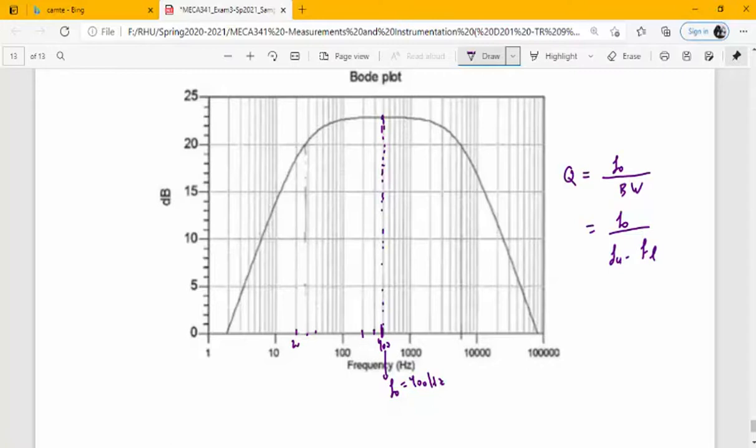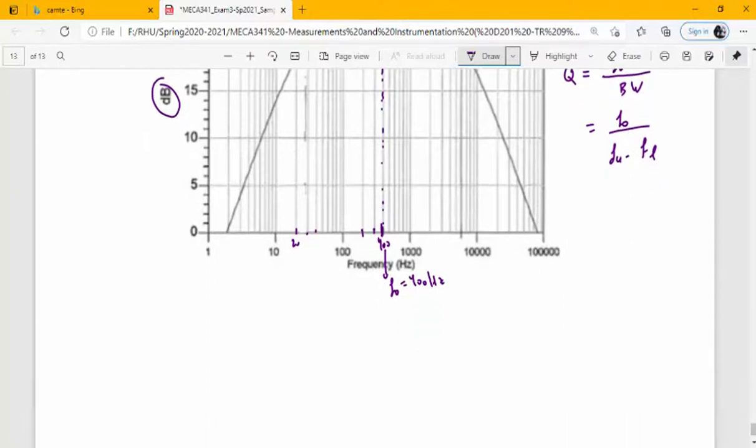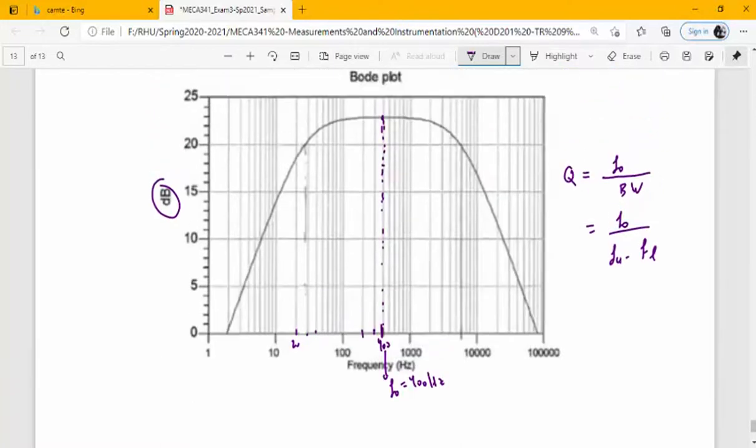In order to determine F upper and F lower, we used to have 1 over radical 2 of the output, 0.707 of the output. But now the curve is given in logarithmic decibels. What is the meaning? The frequencies must be lower than the peak value by 1 over radical 2.